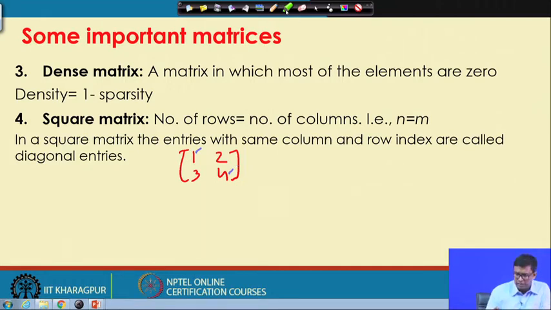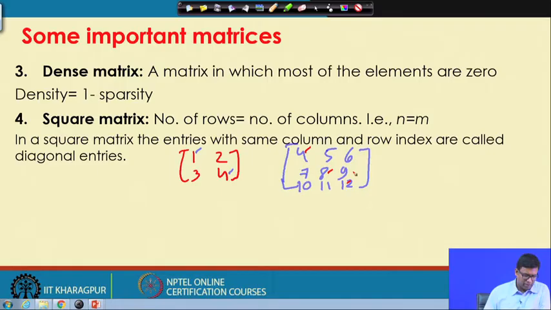Similarly, if we take a 3 into 3 matrix, say 4 5 6 7 8 9 10 11 12, the diagonal entries are identified as 4, 8, 12.